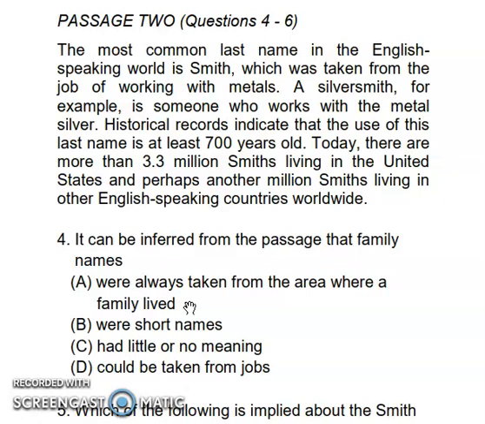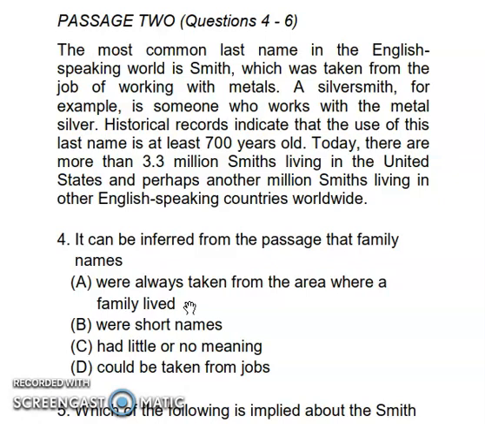And then the second option here is "were short names." Is Smith a kind of short name? Does the text discuss short names? Well, keep it in your mind. And then option C: had little or no meaning. Does it have something to do with little or no meaning?